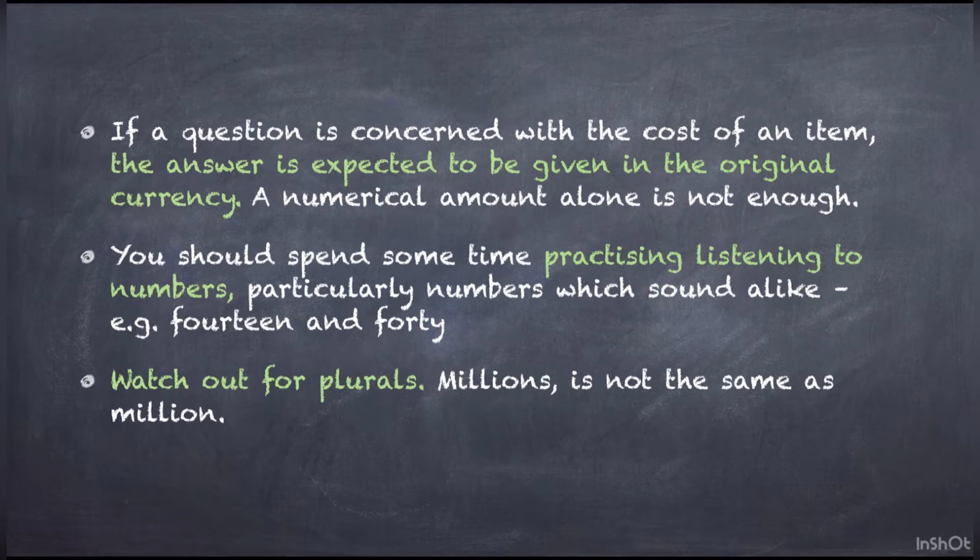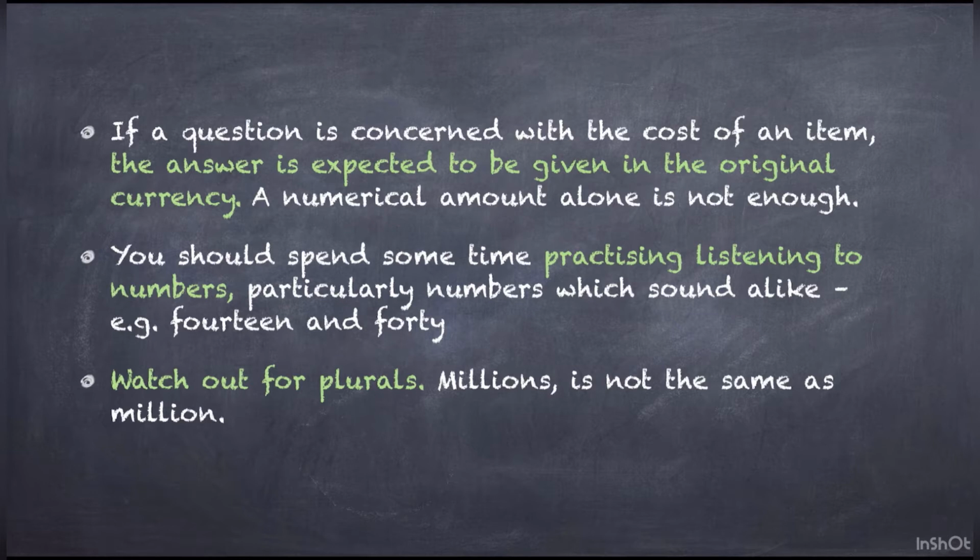If a question is concerned with the cost of an item, we are talking about numbers here, so you need to give the answer in the original currency. The cost, the price. A numerical amount alone is not enough. If the answer is 1,000 pounds, you need to give the pounds there.